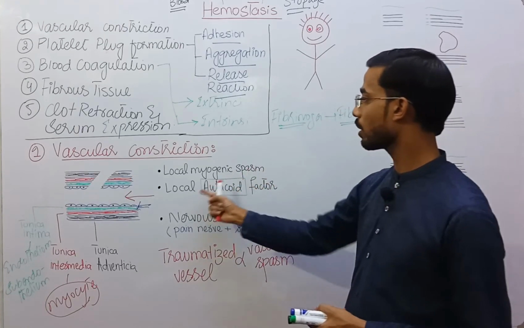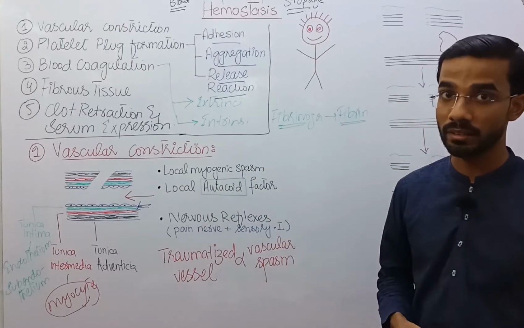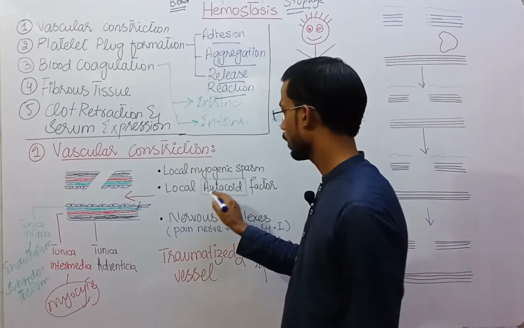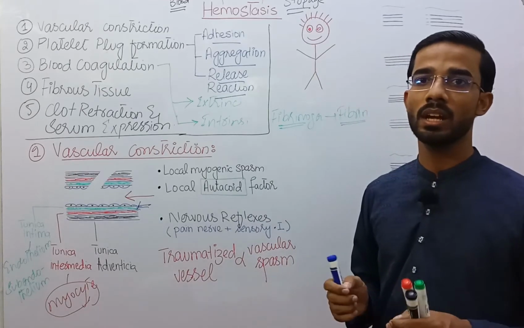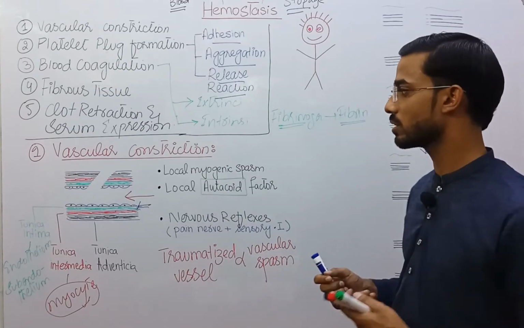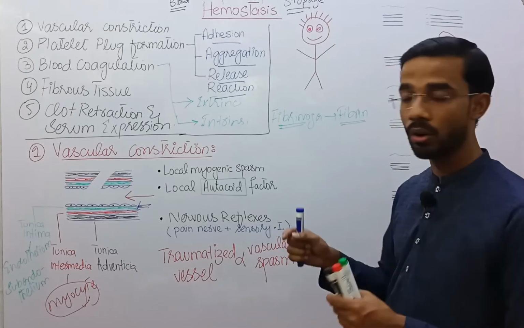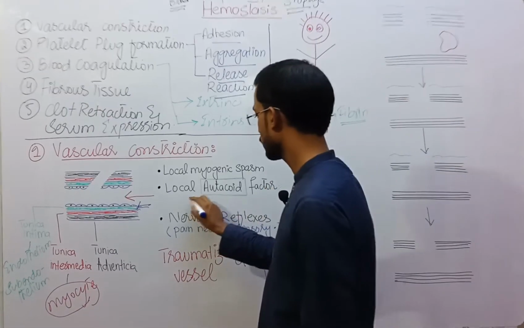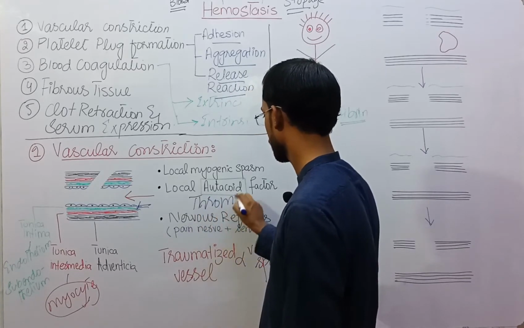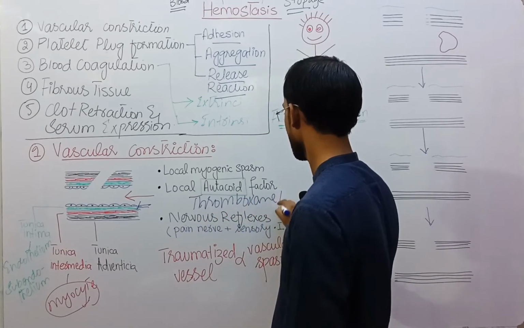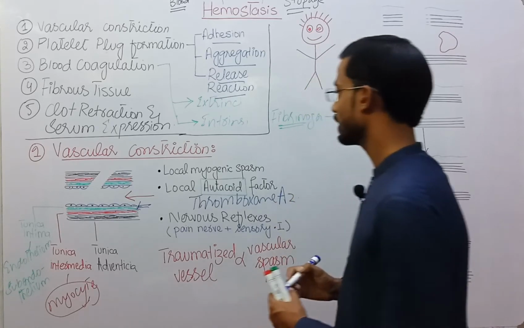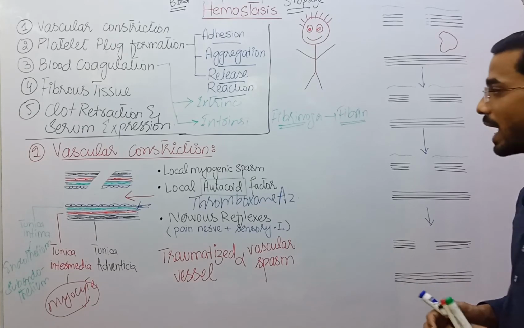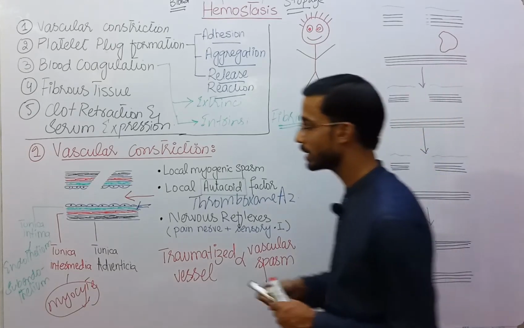And second is the local autacoid factor. There are several factors released after the injury. Autacoids are basically hormone-like substances which are released and have localized functions, like thromboxane A2. Thromboxane A2 attracts the platelets to the injured site.